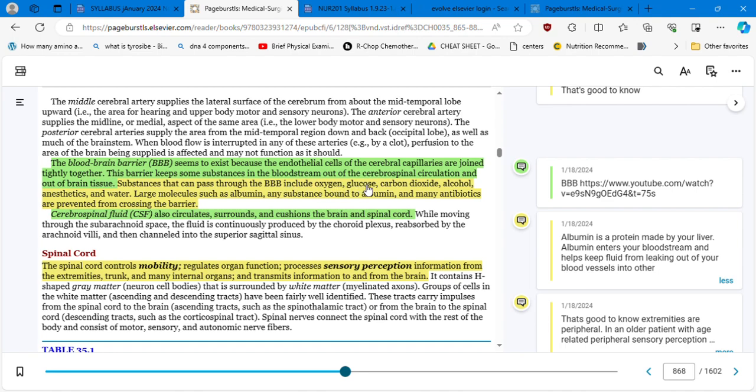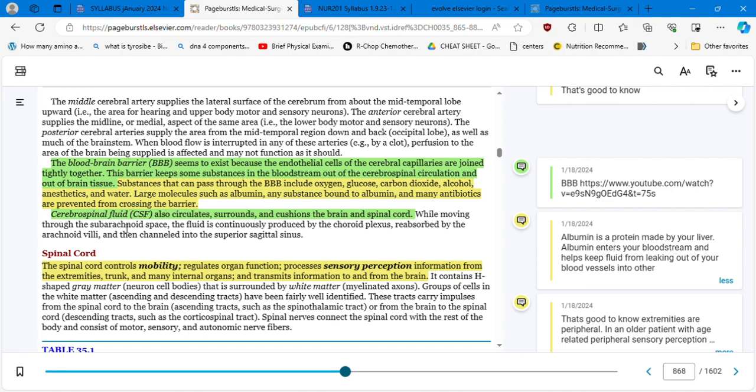Think about your diabetic patients when they are having these complications in the mobility, or maybe they are having brain fog, okay? Carbon dioxide, alcohol, anesthetics, and water. Large molecules such as albumin, any substance bound to albumin, and many antibiotics are prevented from crossing the barrier.